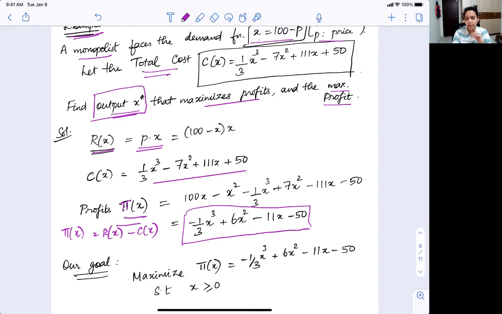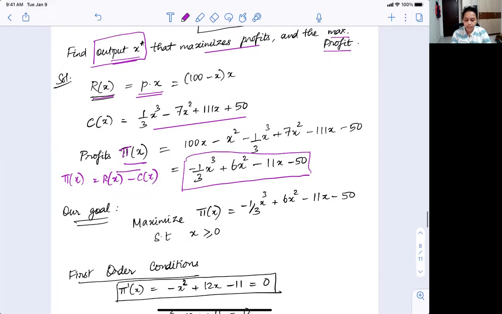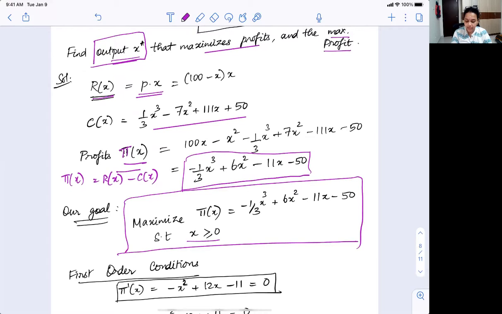One way of thinking about it is that output can never be negative. So you're maximizing profits subject to the constraint that X can never be negative, that is X is greater than or equal to 0. So our goal here is to maximize this profit function subject to this constraint.